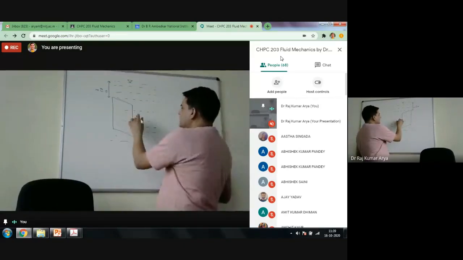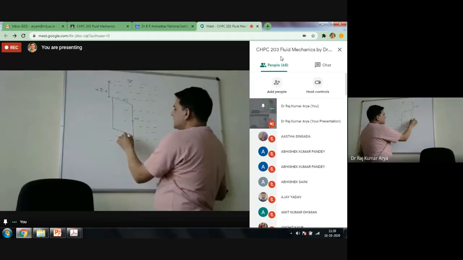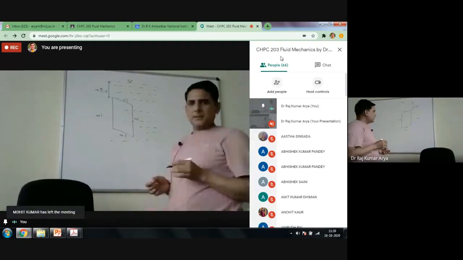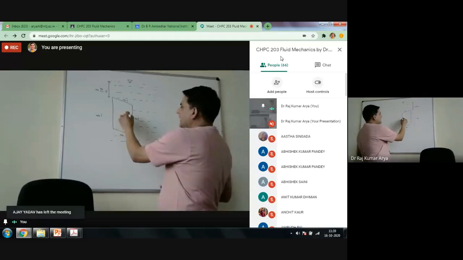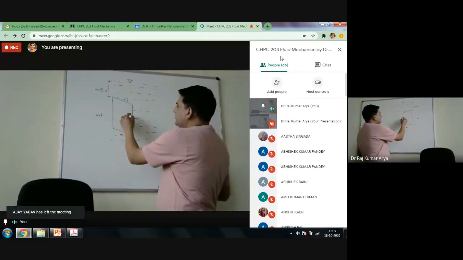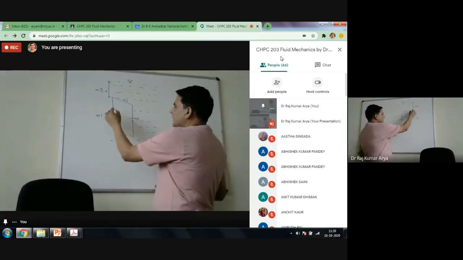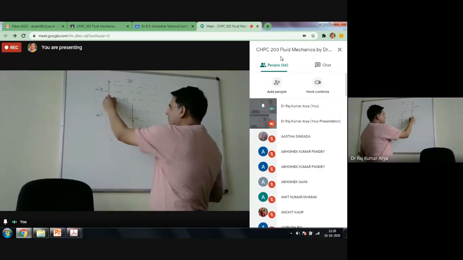So this is 1 meter by 1 meter. So the dimension here is also 1 meter. This is also 1 meter, this is also 1 meter, and this one is also 1 meter. So somehow you want to find, let's say this much portion you have submerged in the upper portion.